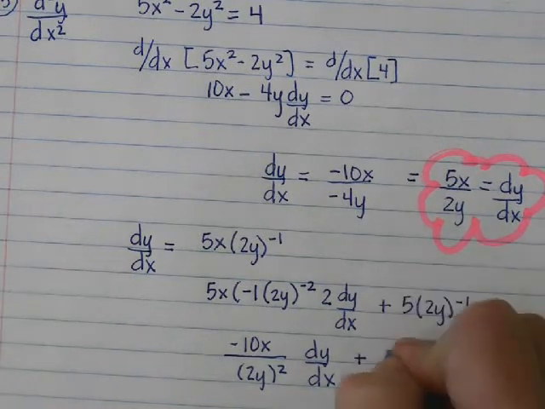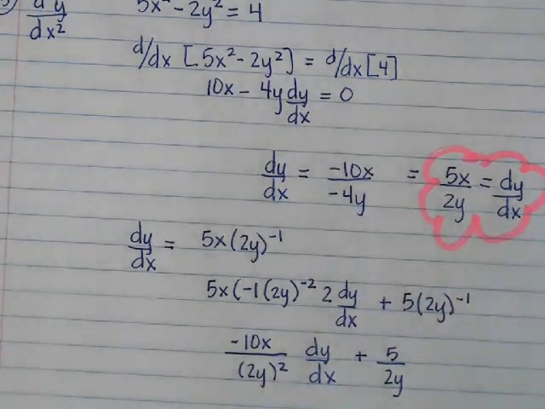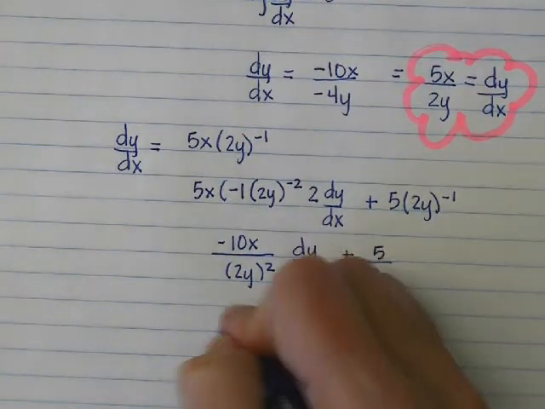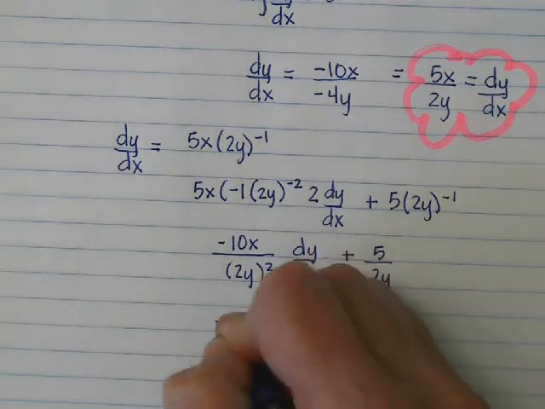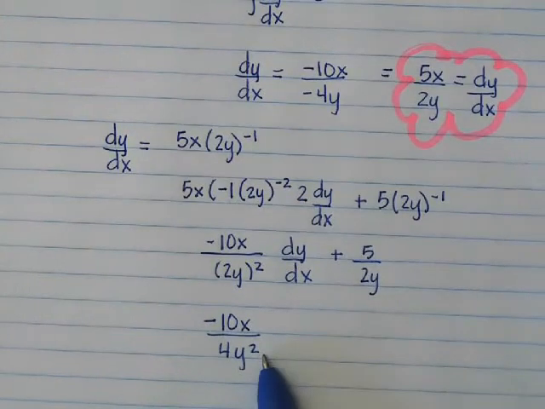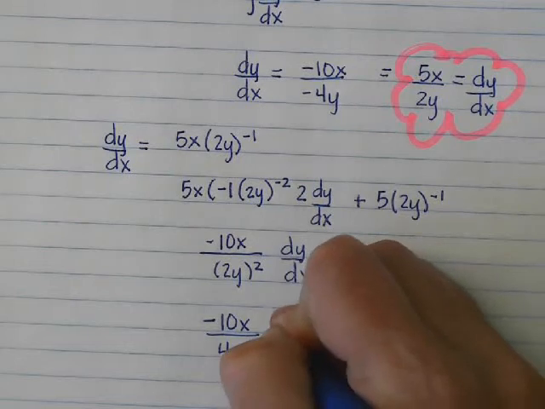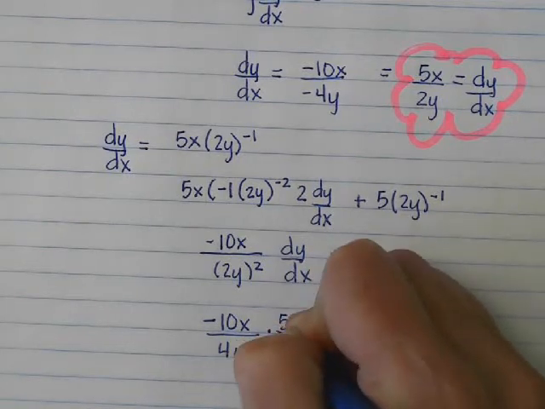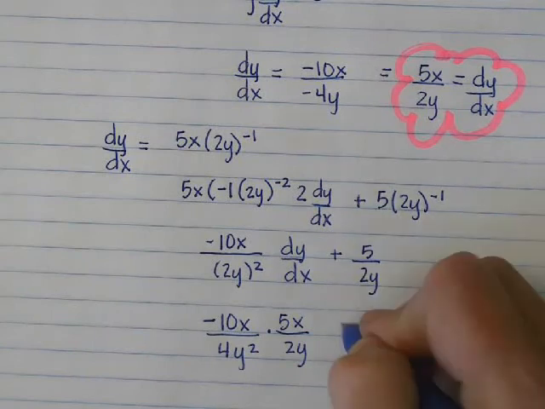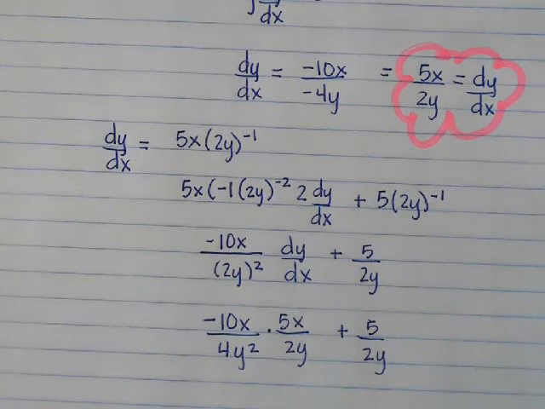Plus this is just going to be 5 over 2y. Let's clean it up a little more. So I have negative 10x over 4y squared, and I know that dy/dx is 5x over 2y, plus 5 over 2y.